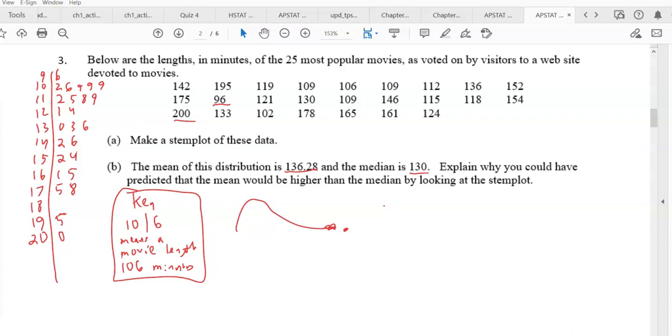So if it's skewed right, again, the mean is going to get pulled with the skew here. The median is going to stay near the peak of that, so probably somewhere in there.